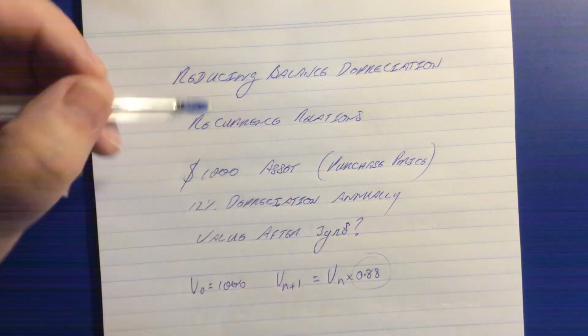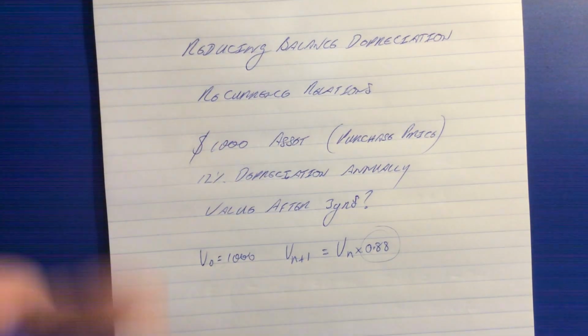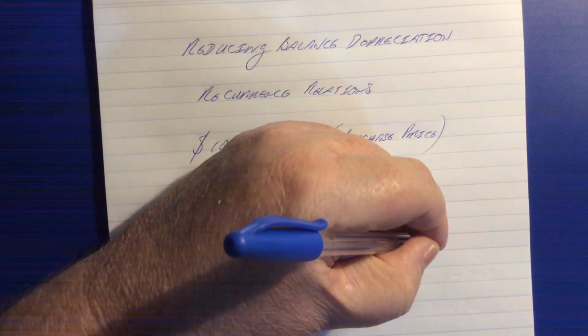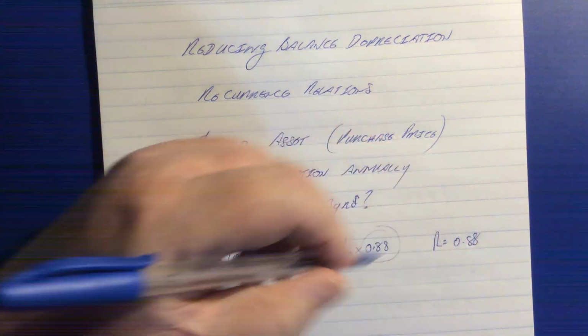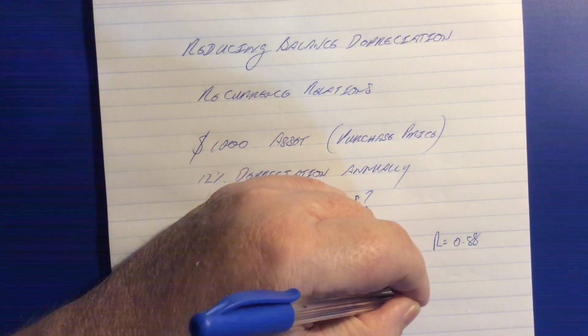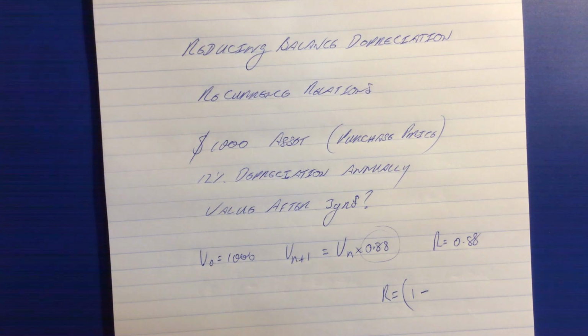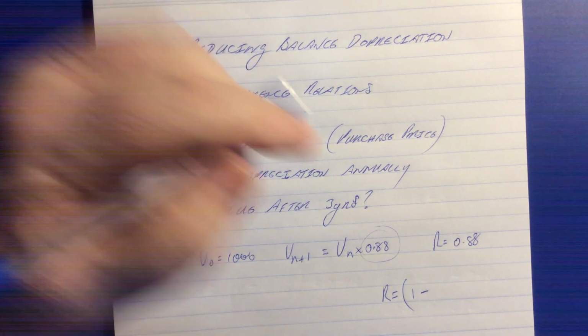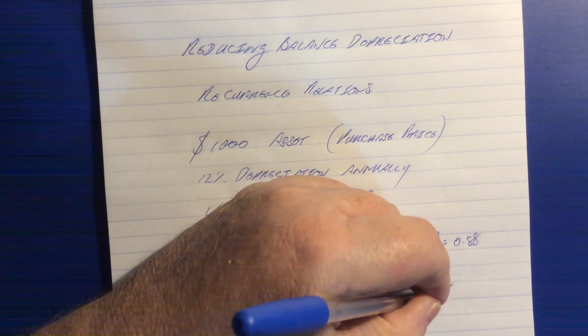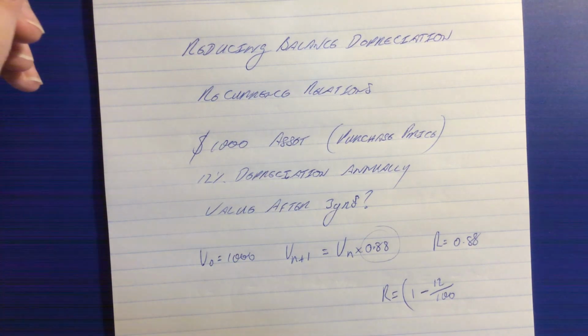How did I arrive at this figure? Well, that's really simple. This is R. R equals 0.88. And R is calculated this way. It is 1 minus, really important, minus 12 over 100.